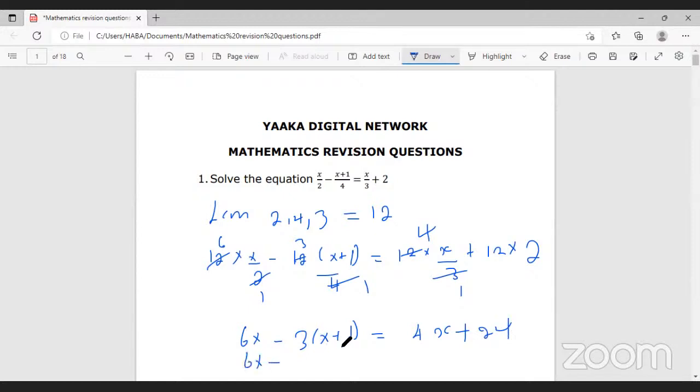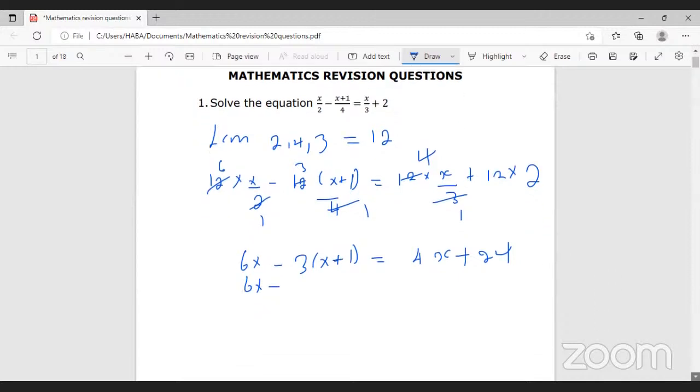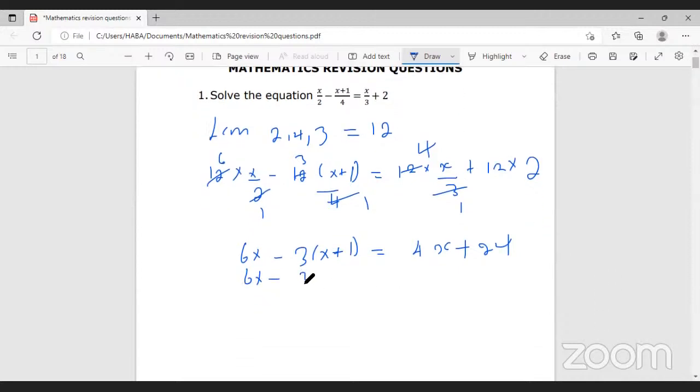What is 3 times x? It is 3x. Negative 3 times 1? Negative 3. So what do we do after?